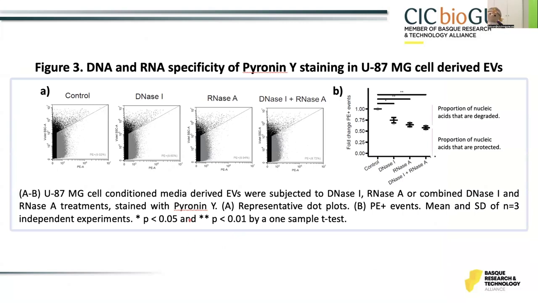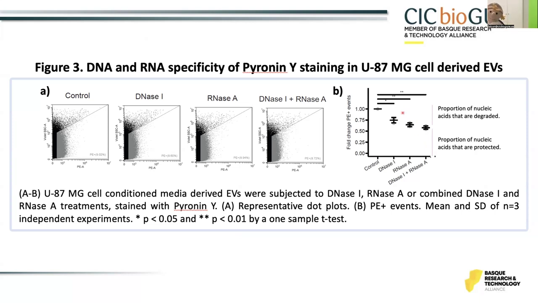So then what we have done is to see how much is protected or associated to the vesicle. For example, here we have the treatment with DNAse, treatment with RNAse, and the treatment with both DNAse and RNAse. And you can see how the treatment reduces the signal, but still we have a lot of signal remaining that we consider is associated to the vesicles.